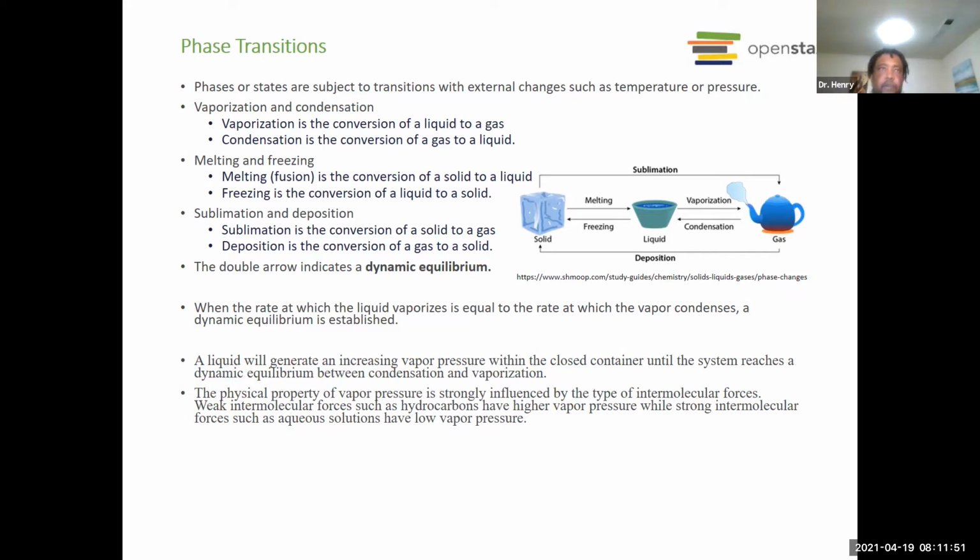So on that lake, there's water vapor pressure above it. And then of course there's the water in the lake itself, right? So the rate at which the liquid is vaporizing and the rate at which the gas is condensing is going to reach a point of equilibrium. So basically they're going to be going exactly the same speed in both directions. Does that make sense?